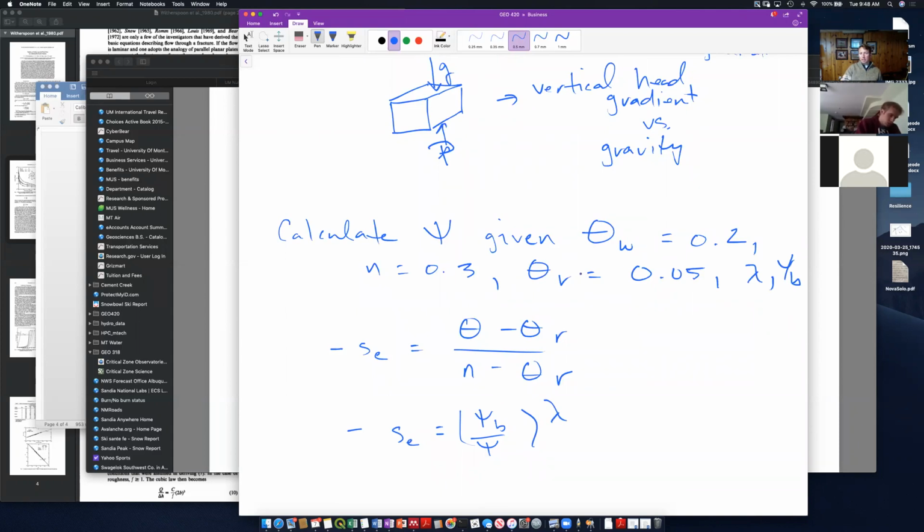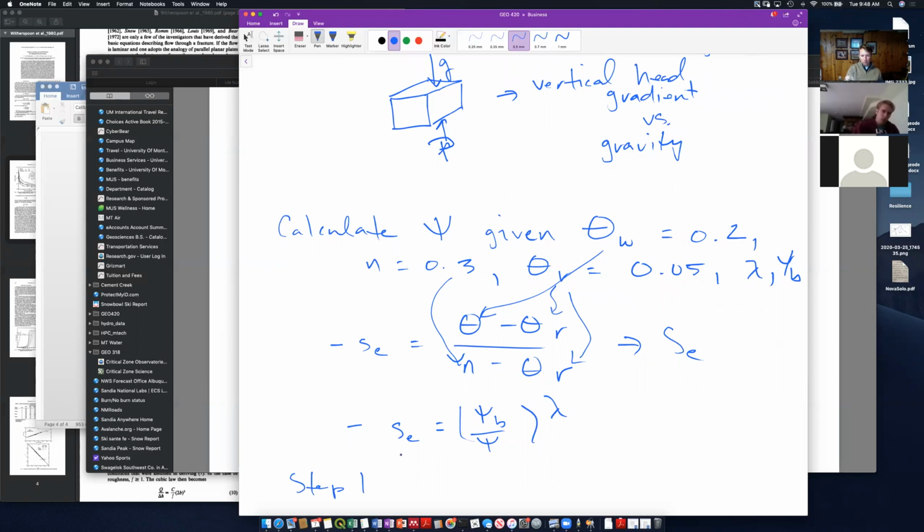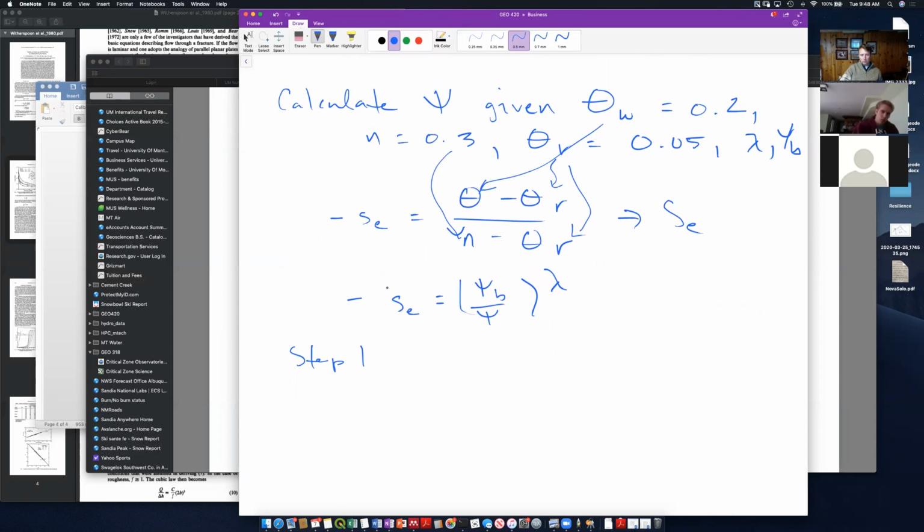First I'd take these values and calculate S sub E. Step one: S sub E is equal to 0.2 minus 0.05 over 0.3 minus 0.05. That's going to be some value.